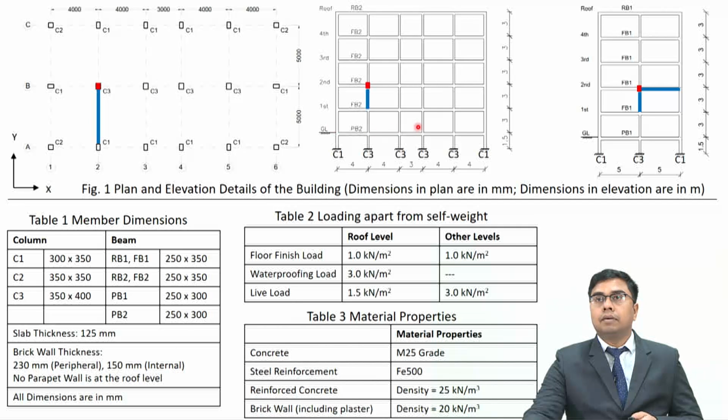Then the building comprises 5 stories in total. The plinth beam is at a height of 1.5 meters from the footing level, and every story is 3 meters in height. The elevation in 2 directions, that is the xz plane and yz plane, are shown over here.